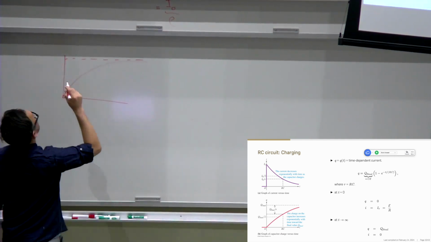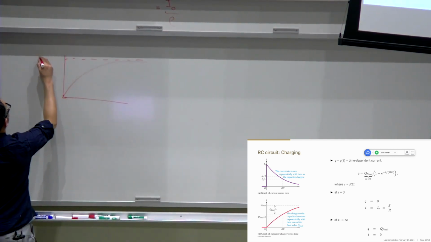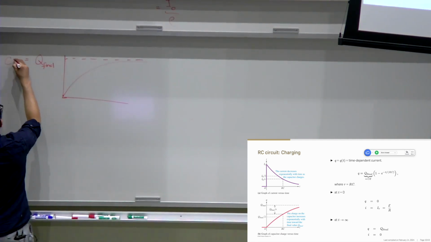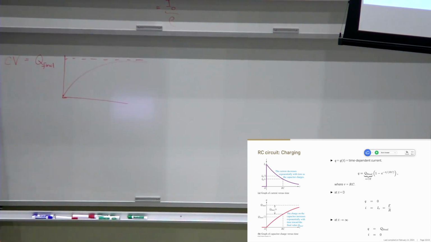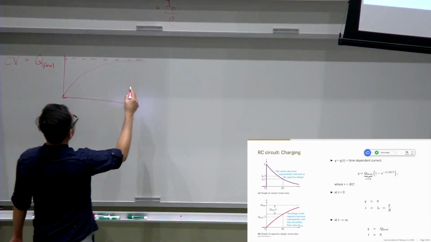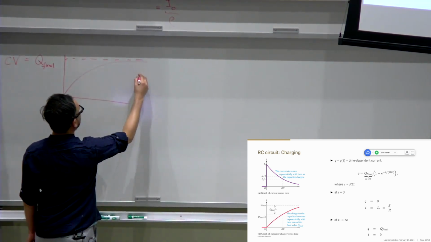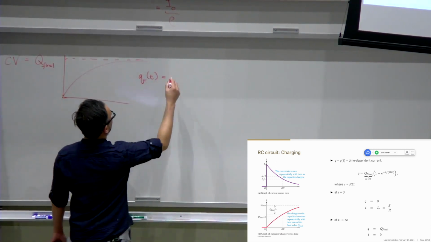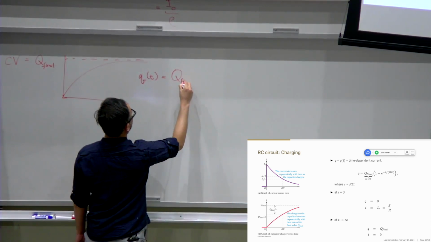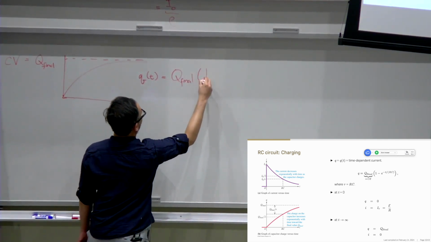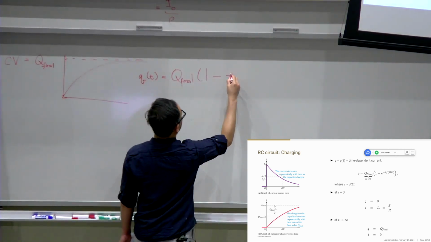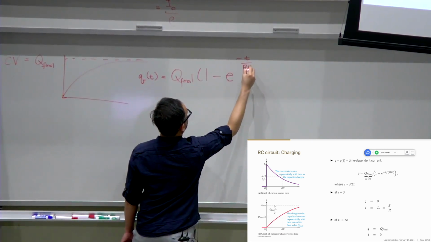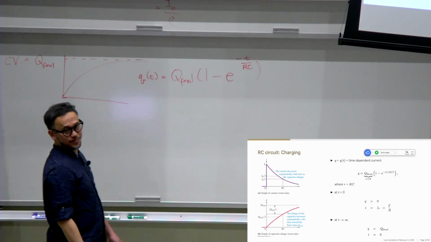This one is Q final, which is C times V. And then the equation, instead of using Q final, we use small q as a function of t, which is equal to Q final times 1 minus e to the minus t divided by the same time constant.